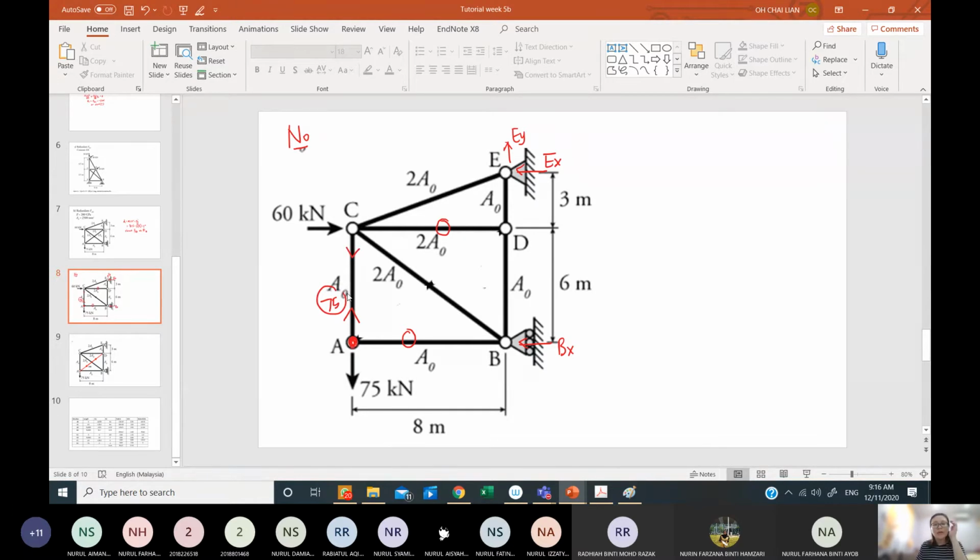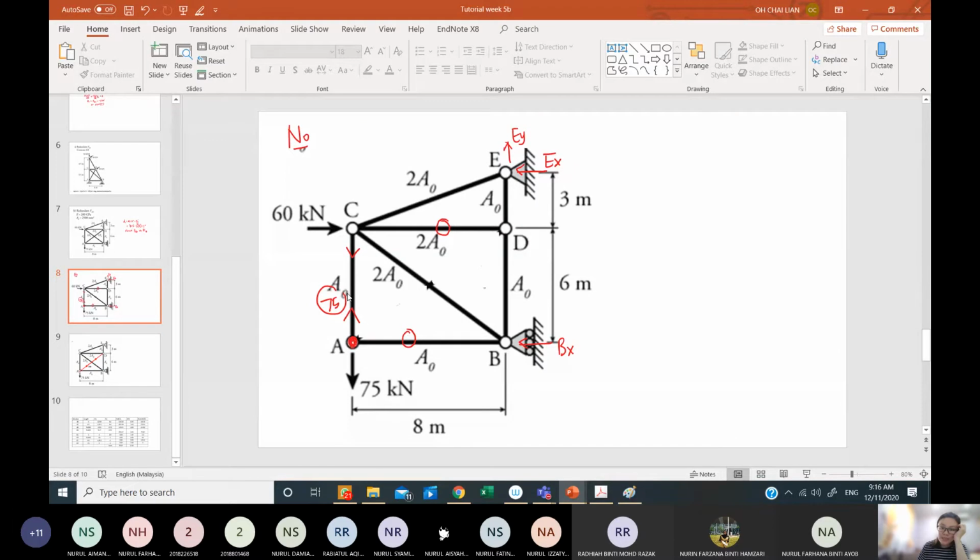If I go to joint B, I cannot solve it because I have two horizontal unknowns, BX and one in BC, and two vertical unknowns, in BC and BD. So I go to D, I have two vertical unknowns, cannot solve.